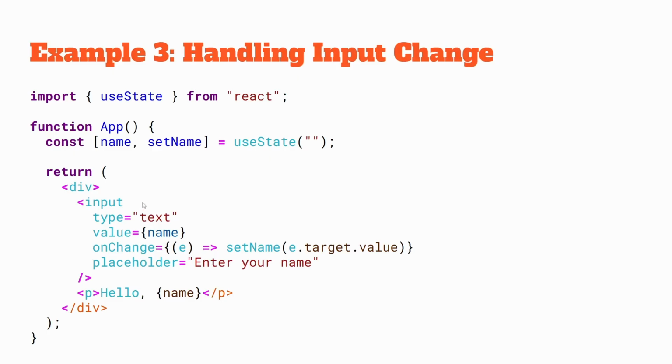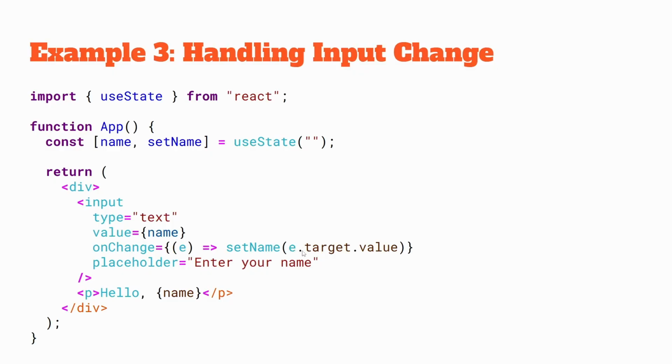Okay, so I create a state using useState, and in this input element, instead of onClick, I'm using the onChange event, and with the onChange event I am running this function setName with the e.target.value. Okay, now what is this e? E is the event that is received on this onChange event. So this will give you the event object.